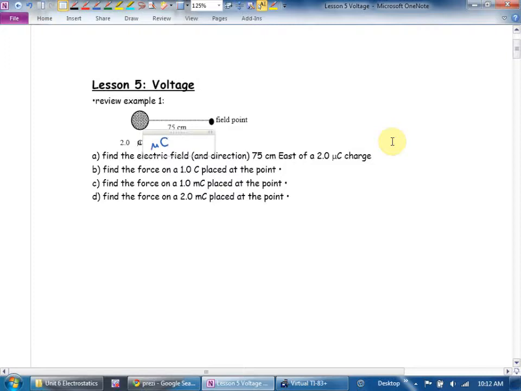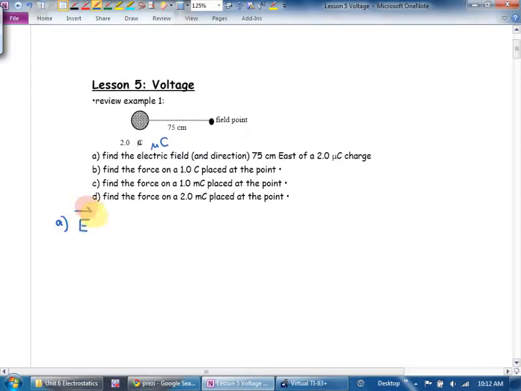A totally great question on a test or on a quiz. Find the electric field, magnitude and direction, 75 centimeters east of a 2 microcoulomb charge. So here's my field point location, and we would like to find the electric field.